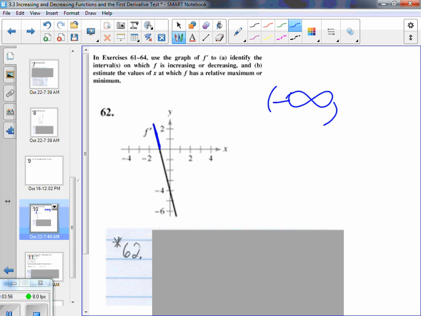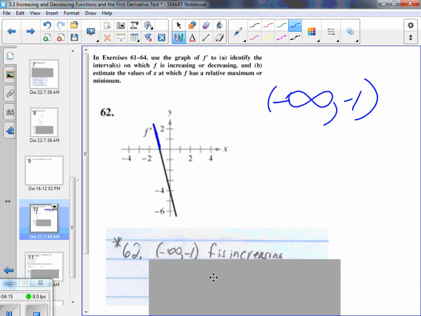Positive or negative? It's positive. Okay, so from negative infinity to what sure appears to be negative 1, the derivative is positive, therefore f is increasing. So from negative infinity to negative 1, f is increasing.